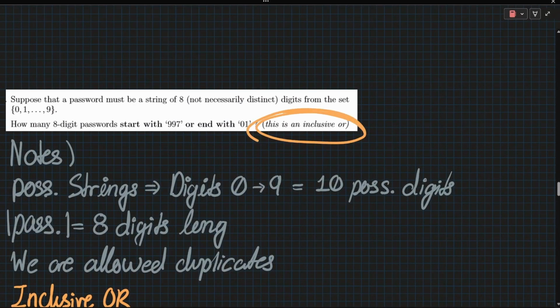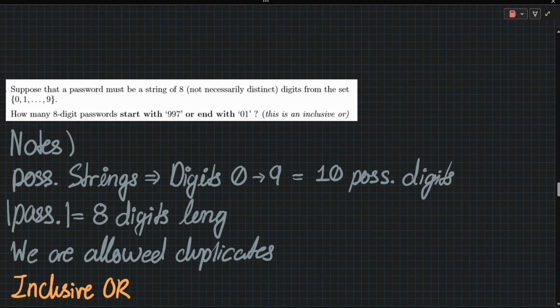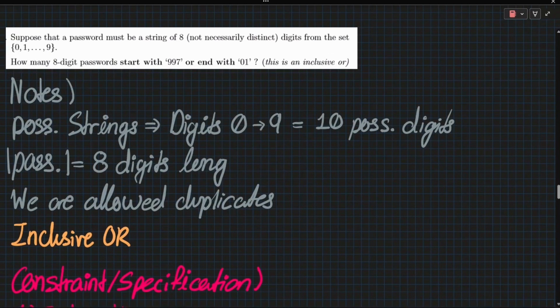The problem asks how many 8-digit passwords start with 997 or end with 01, and they make clear that this or is inclusive. What does that mean? Not only do you consider both cases and take the sum, but you also have to consider the case where there's both.